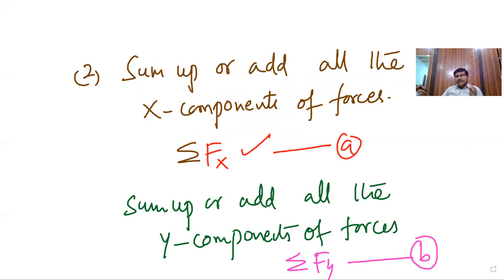If it is showing positive direction, give a plus sign along with the magnitude. Similarly, suppose a force F2 is like this, making theta with the x-axis. If the horizontal component is coming along the negative x-axis, then it will be minus. So in summing up, be very careful.